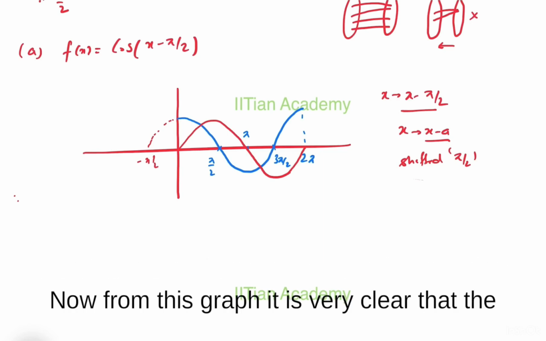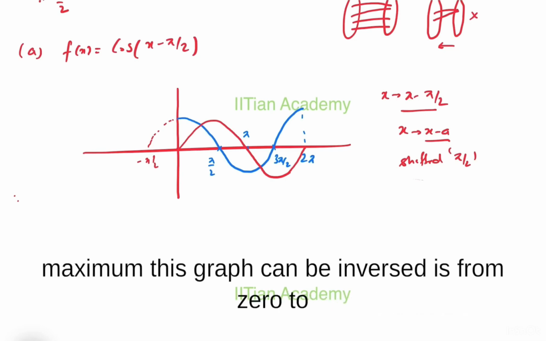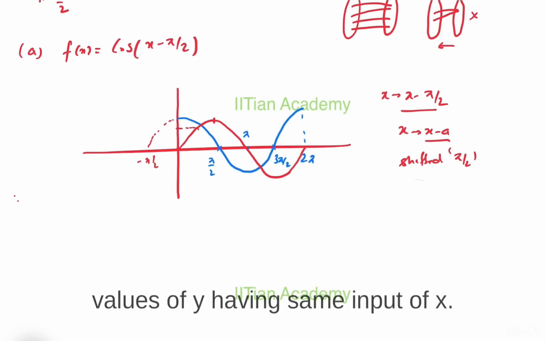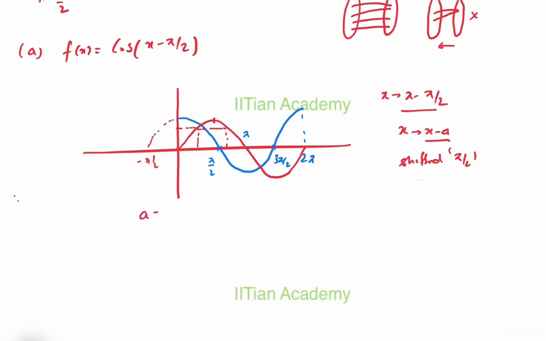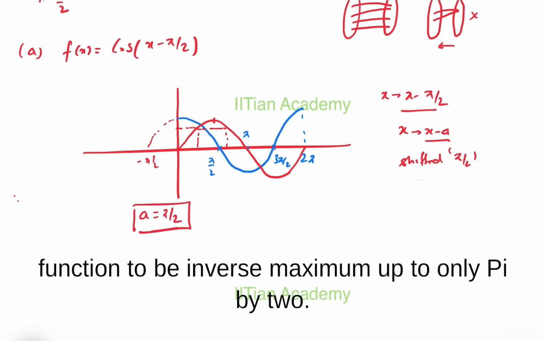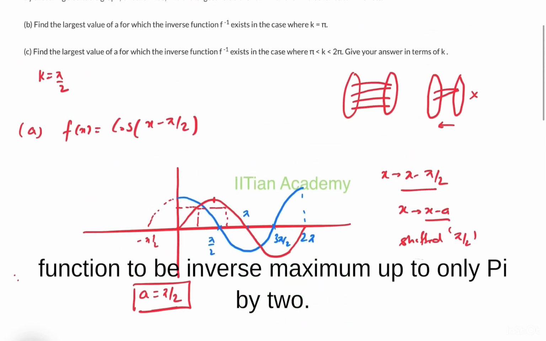From this graph, it is very clear that the maximum this graph can be inversed is from 0 to pi by 2, because after that there will be two values of y having the same input of x. So maximum a can be up to pi by 2 for this function to be inverse. Maximum up to only pi by 2.